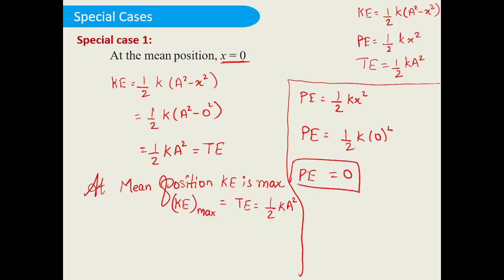Total energy is equal to kinetic energy plus potential energy. Kinetic energy itself is total energy, so potential energy is 0. At mean position, kinetic energy is maximum and potential energy is minimum.